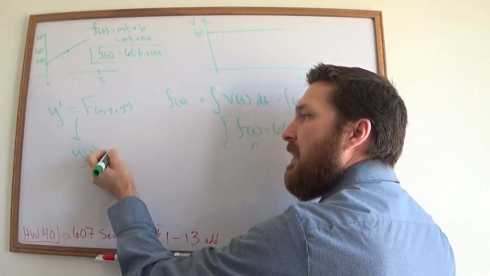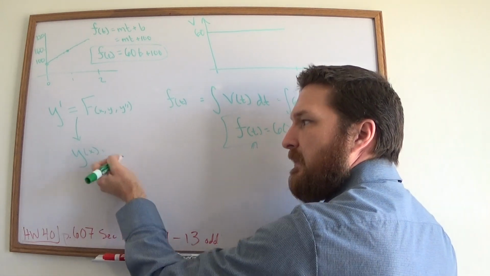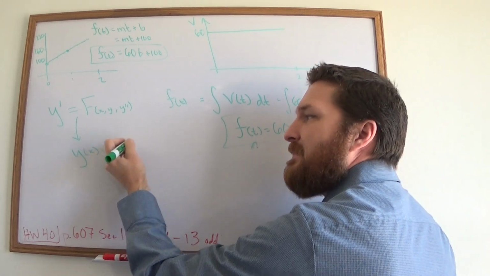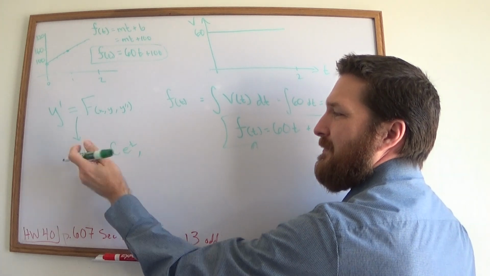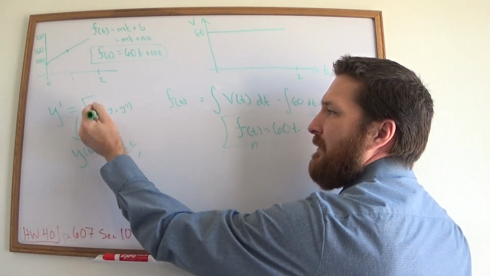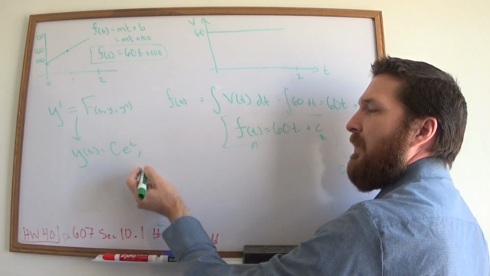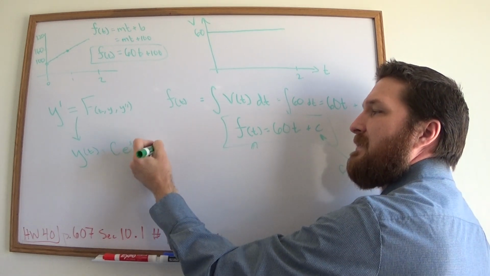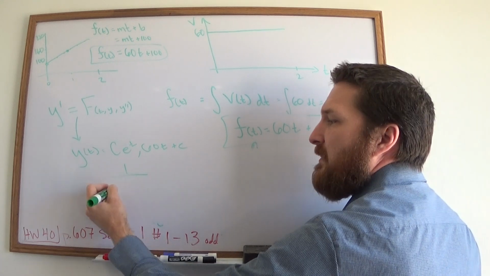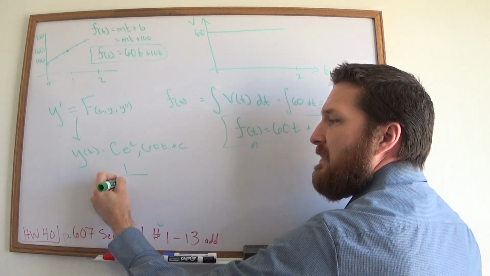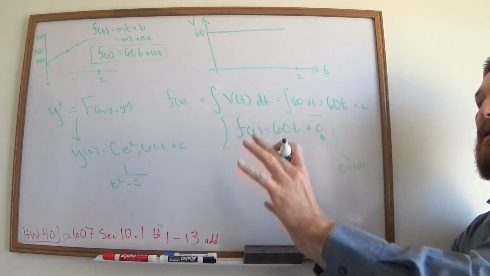And there's some constant involved. Maybe it's c times e to the t, where t is your input. Or maybe it's something like this, you have 60t plus c. Maybe your c shows up in the denominator, where you have t squared minus c, something like that.